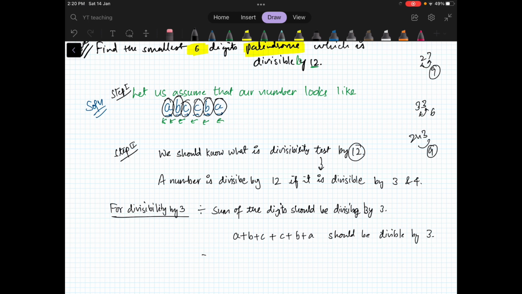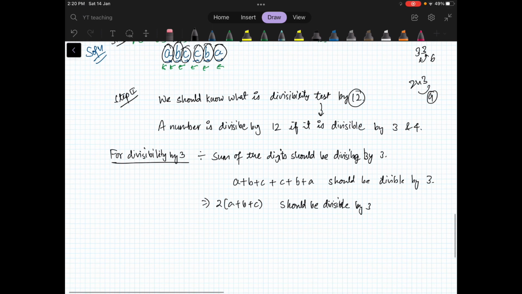That gives you 2 times (a plus b plus c) should be divisible by 3. Now if it is divisible by 3, it should be a multiple of 3. It cannot be 3, because you have the 2 here.